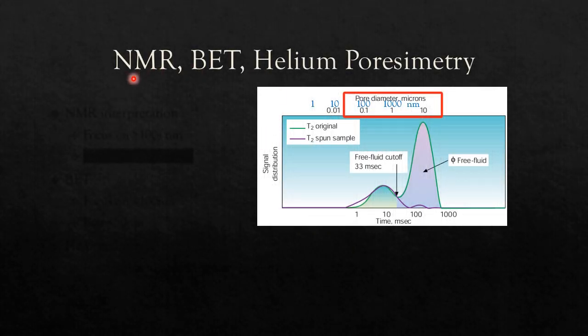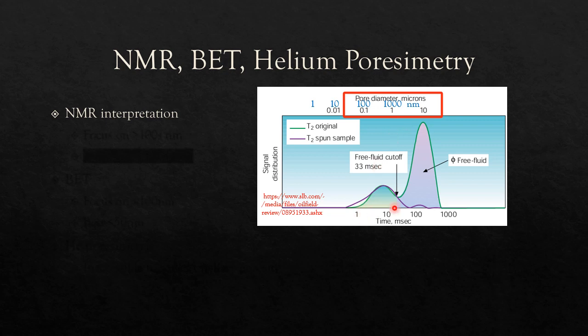So here we're going to talk about the physical principle for three major porosity measurement methods: porosimetry of NMR, BET, and helium. Three commonly used. The first is a graph from Schellenberger, which is the most authoritative source for NMR interpretation.